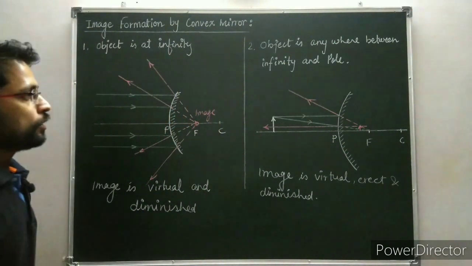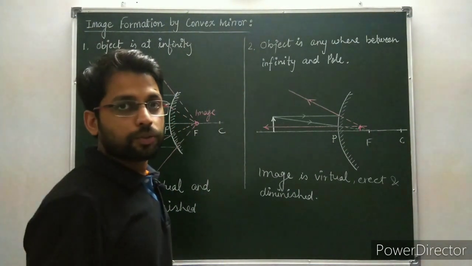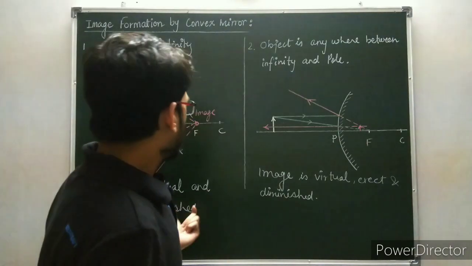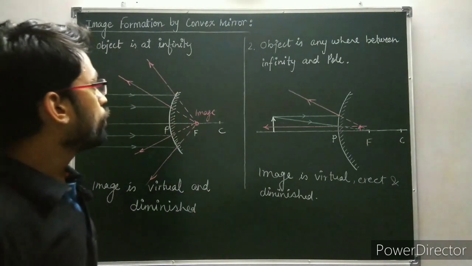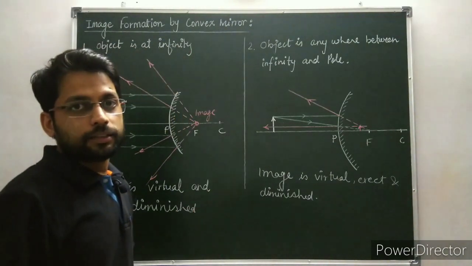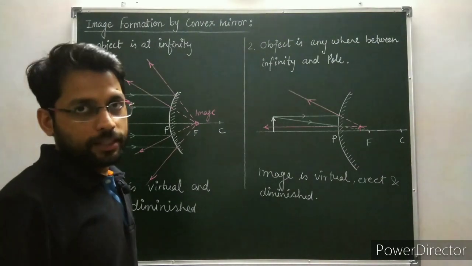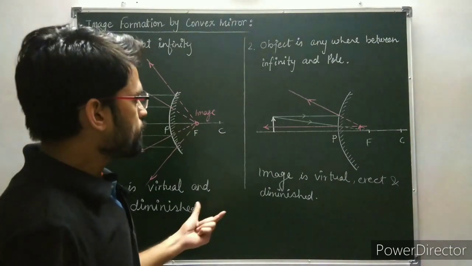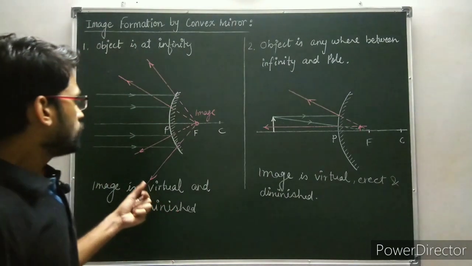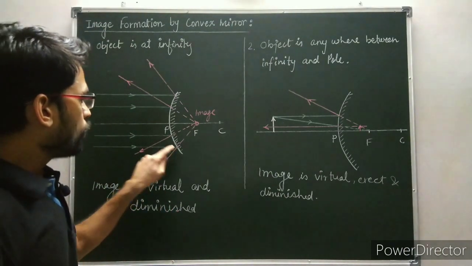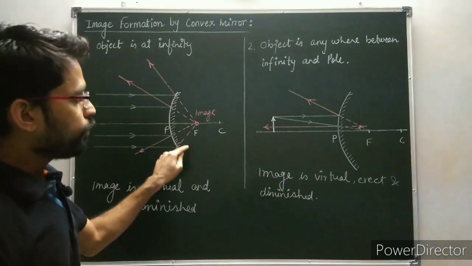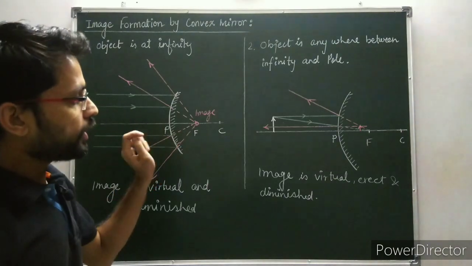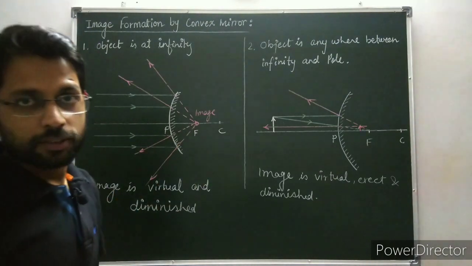So we can conclude from the ray diagram of convex mirror that wherever the object be placed on the principal axis, the image formed by the convex mirror is always virtual, erect and diminished.